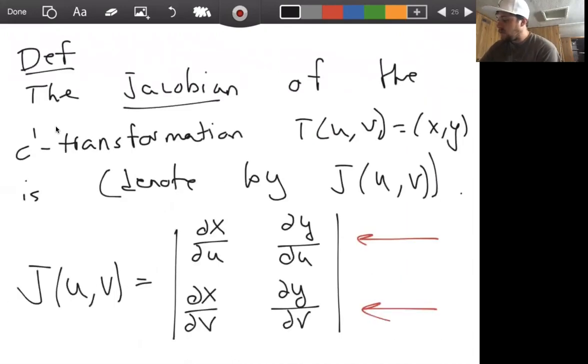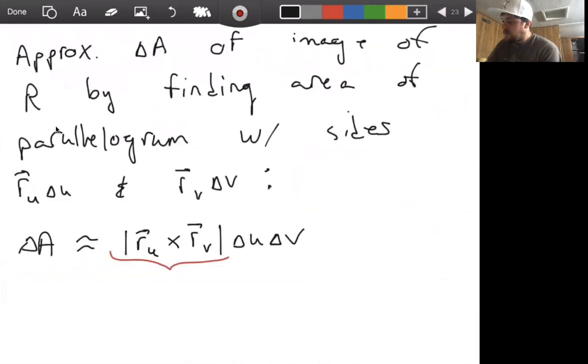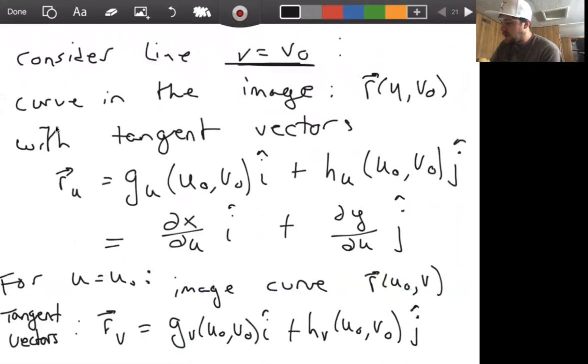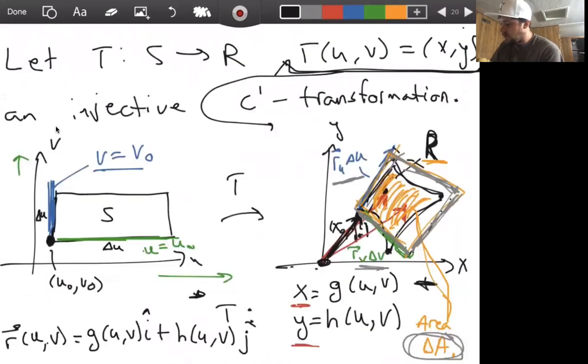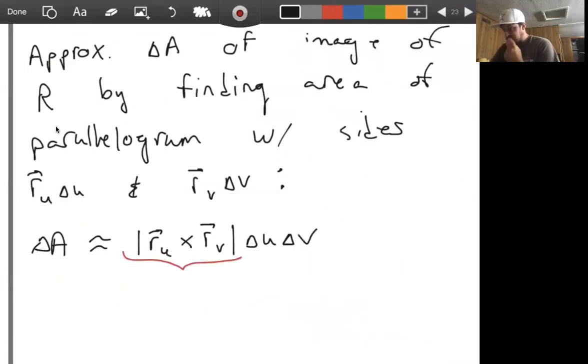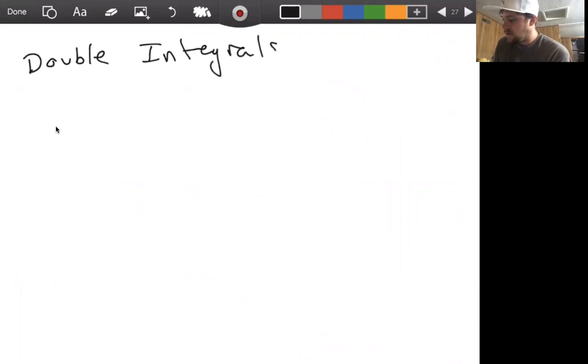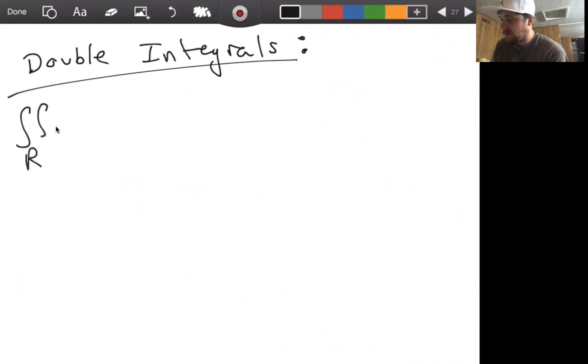Okay, so now that we've seen what the Jacobian is, we've gone through this entire construction to approximate the area of this region R, because the whole point is that we want to set up the double integral involved in this transformation, right? And so now let's put everything together here. For double integrals, what do we have? Well, we have the double integral over the region R of f of xy dA.